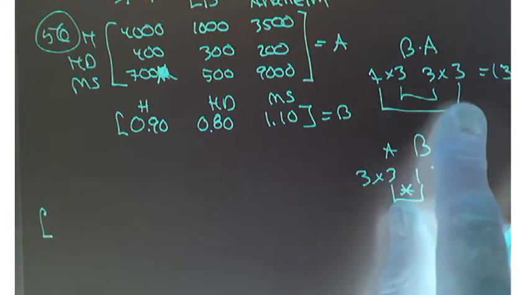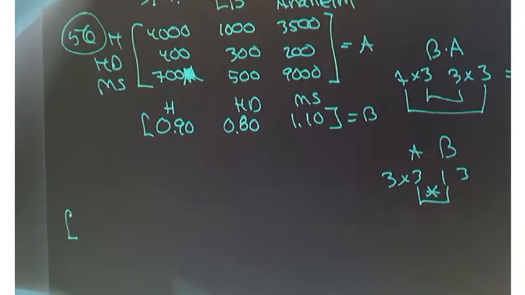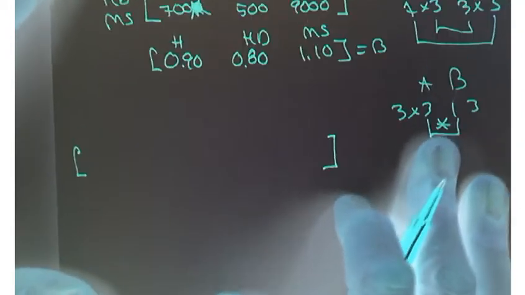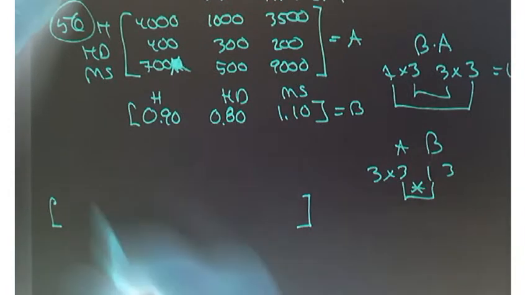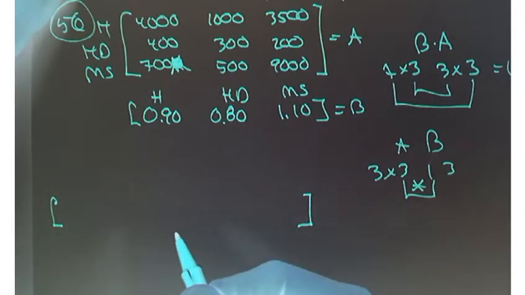What's the size of the matrix that I'm going to get by multiplying B times A? It's going to be a 1 by 3. So let me write a 1 by 3 matrix. So what do you want to call this matrix? Q? P?